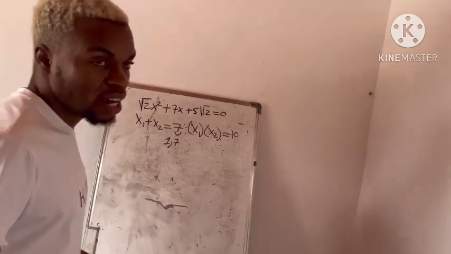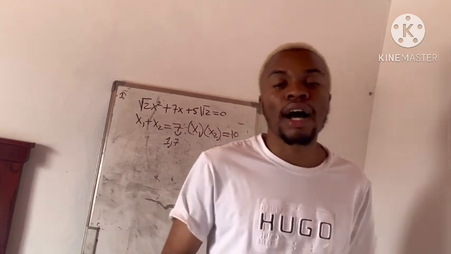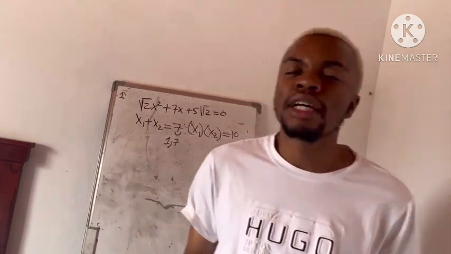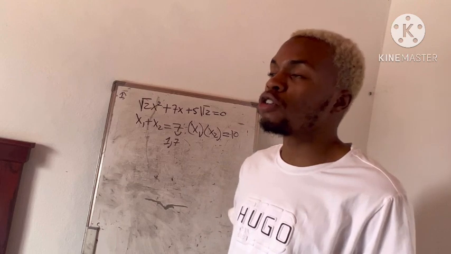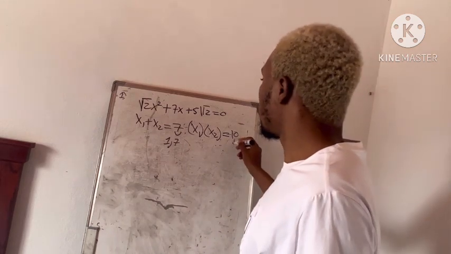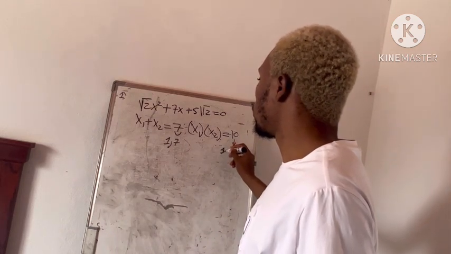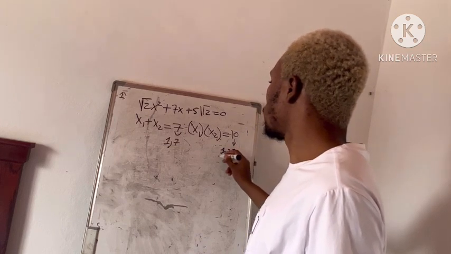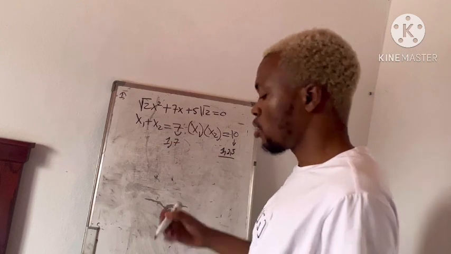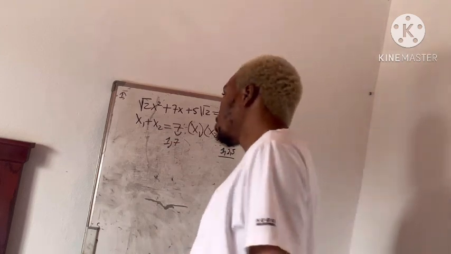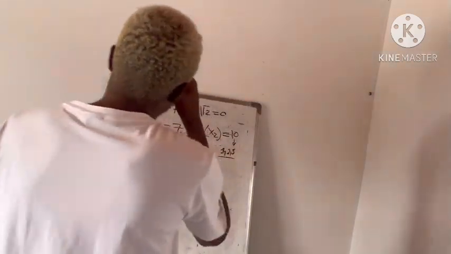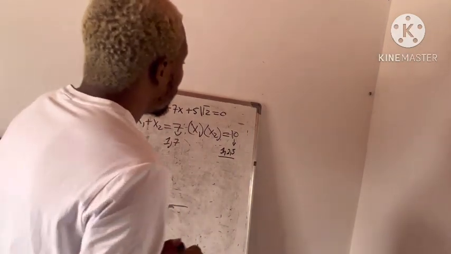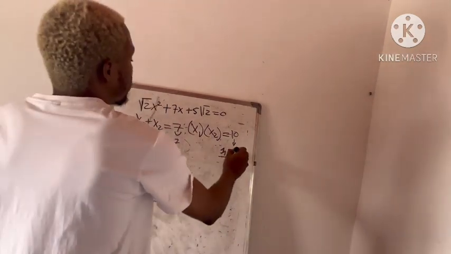Then the next thing which I ask myself equally is, what are the factors of 10? Which here I got 1, I got 2, and I got 5. Don't forget 10 itself.